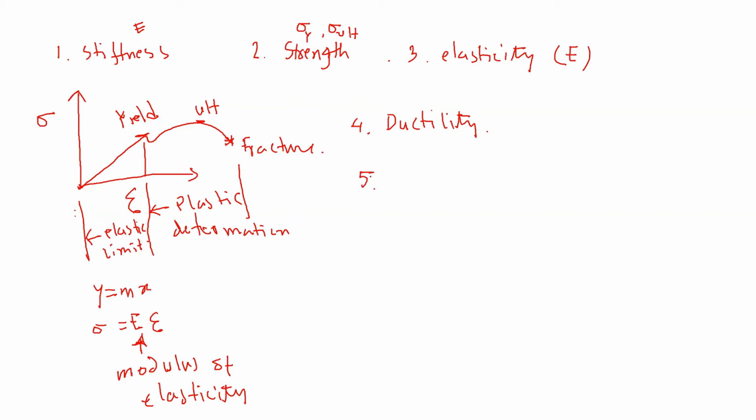Number 5 is the brittleness. This is the opposite of ductility. Brittleness is the opposite of ductility.